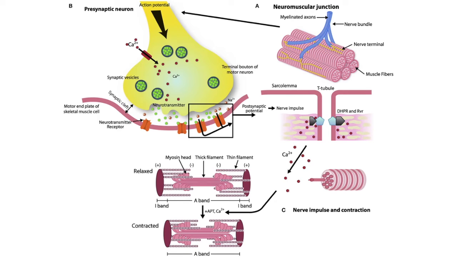You can see the calcium ion coming in, and in the bottom picture you can see the relaxed and contracted states. You can see the myosin head. When it's relaxed, that head is down, but when it's contracted, the head is up, pulling the A band closer, pulling on the thin filament of the actin closer together.